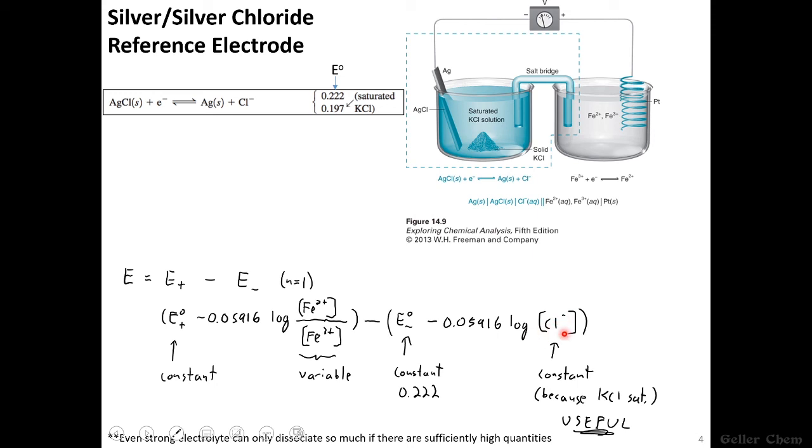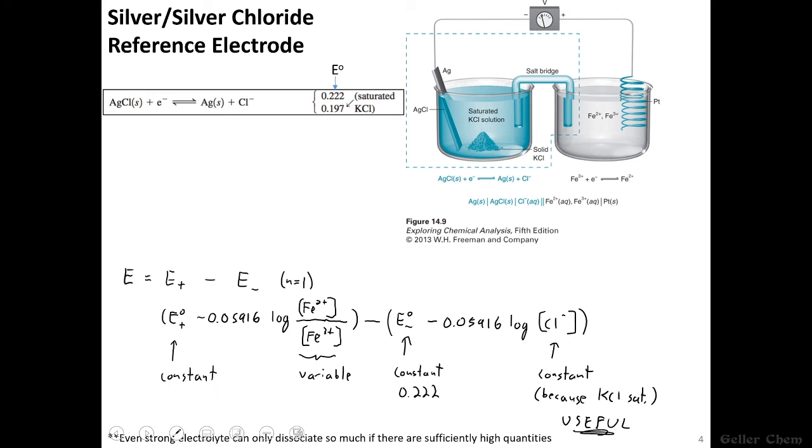If our chloride ion wasn't set in stone, if we weren't saturated, then changes in the voltage here could be attributed to either changes in these concentrations or this one. But because this is a constant and not an unknown changing number, it means that the voltage we measure can completely be related to these concentrations and only those concentrations.